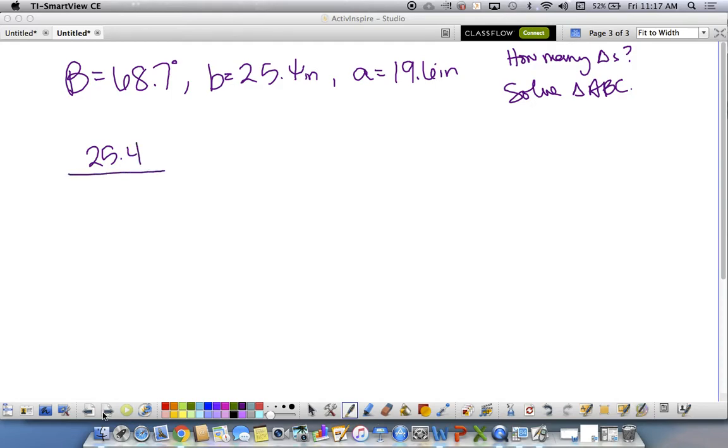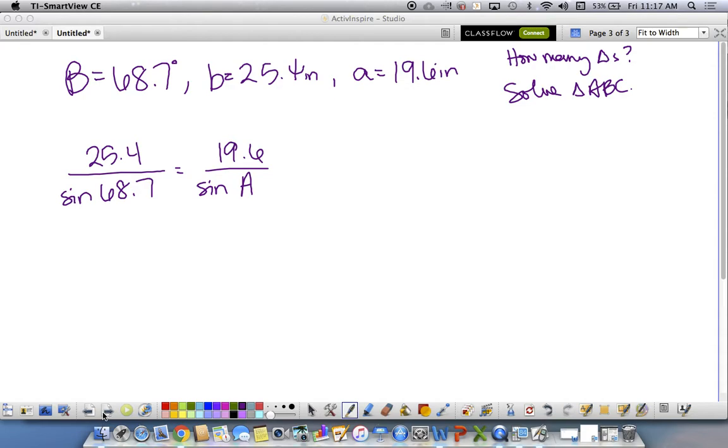25.4, so b over sine B, 68.7 equals side a over sine A. Don't forget the rules. This is a over sine A, b over sine B, c over sine C, the definition of the law of sines.